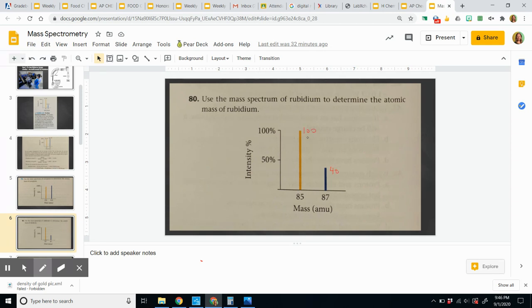Okay, so the percent that is Rb-85 is going to be that 100 over the total of 140 times 100. And the percent that is rubidium 87 is going to be 40, the part that has a mass of 87, over 140 times 100.